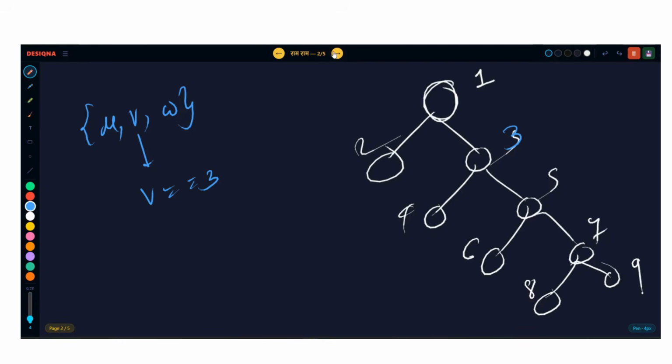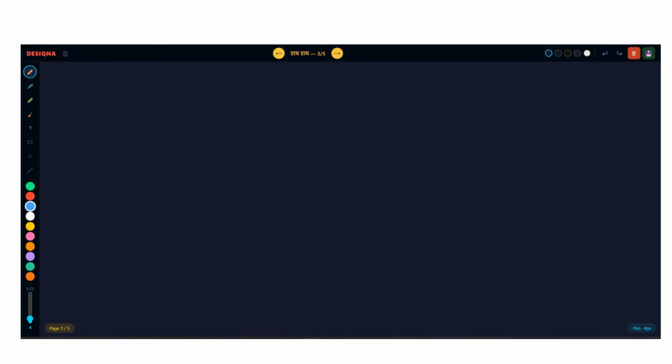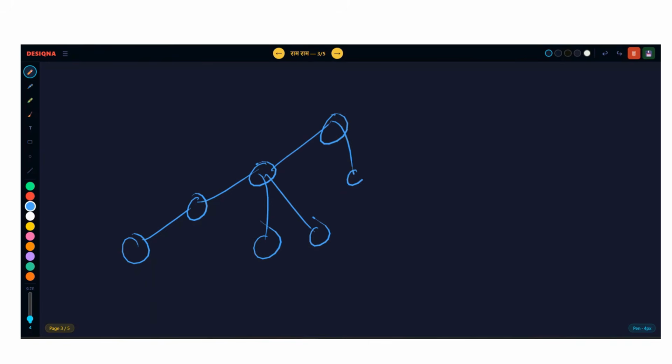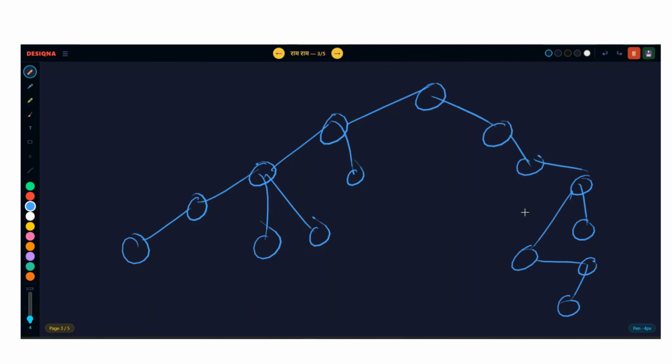So what is the type 1 path? Take any big tree. It can look like whatever you want it to look like, it does not really matter. This is U, this is V, this is W. So see, this is called a type 1 path.